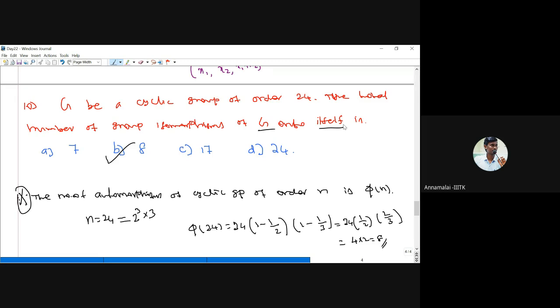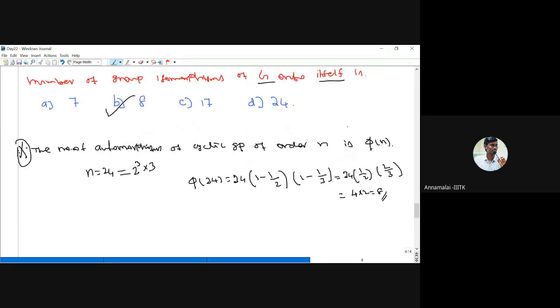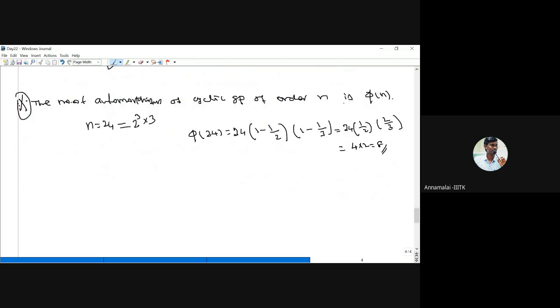Okay. Now, another problem from group theory. 11th question: Which of the following conditions on a group G implies that G is abelian?